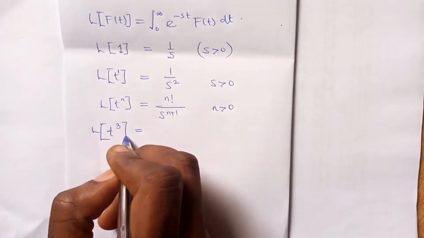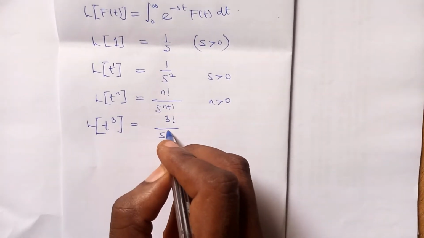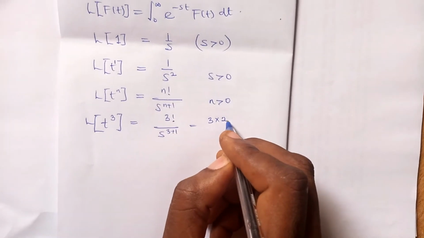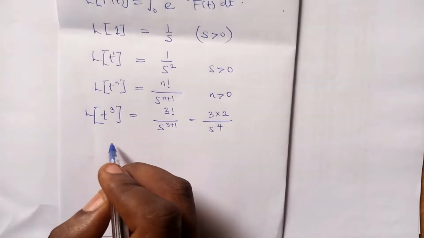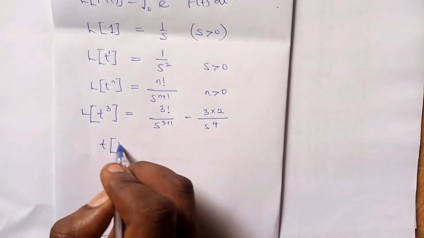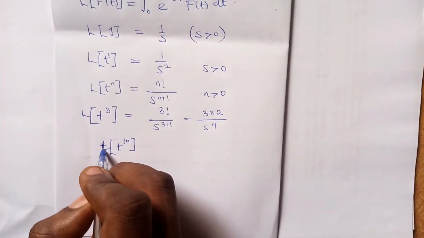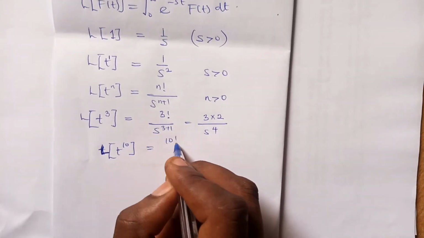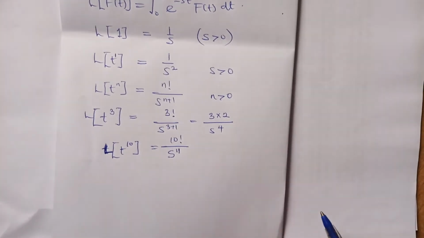Laplace transform of t raised to power 3 will give us 3 factorial over s to the 3 plus 1. That is 3 times 2 over s raised to power 4. What if I find Laplace transform of t raised to power 10? It will give us 10 factorial over s raised to power 11. That's 10 plus 1.